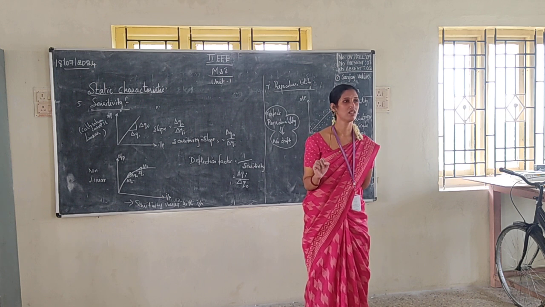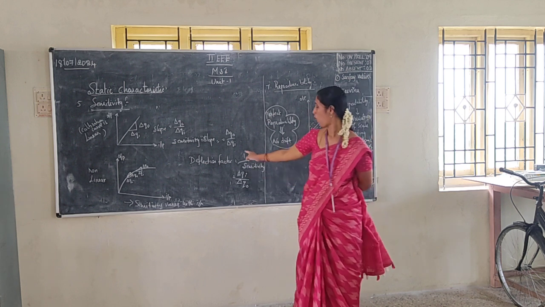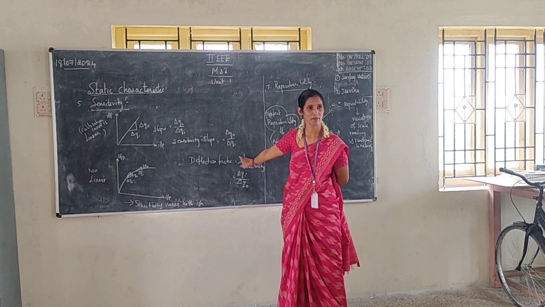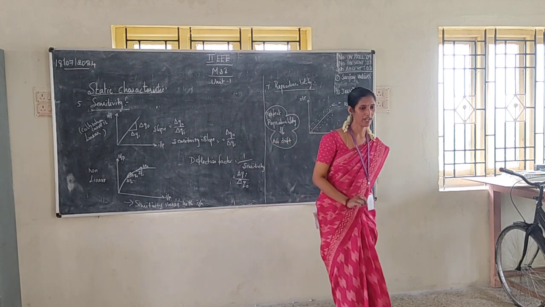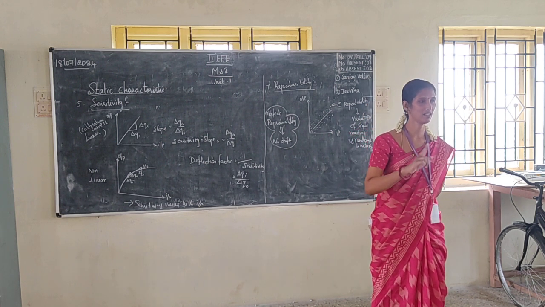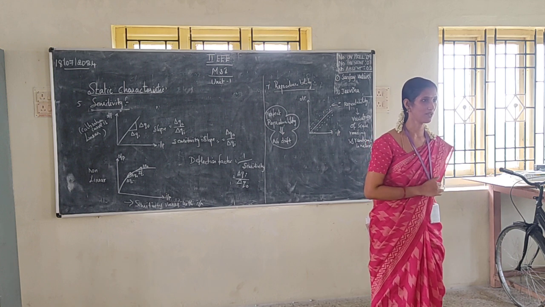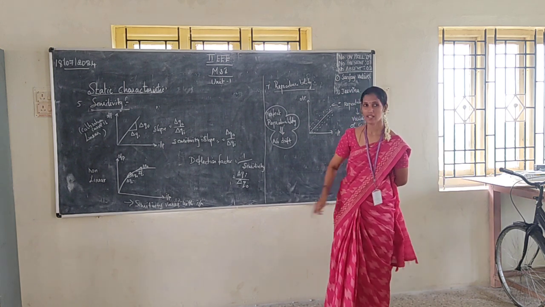Sensitivity is defined as the ratio of changes in output with respect to input. So I vary the input and get the immediate change of output. We measure that sensitivity as the slope.